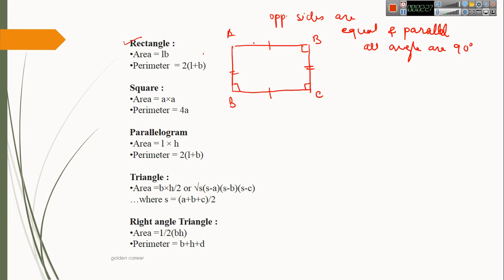If AB equals L, which is length, and BC is B, breadth, then the area of the rectangle will be L into B.